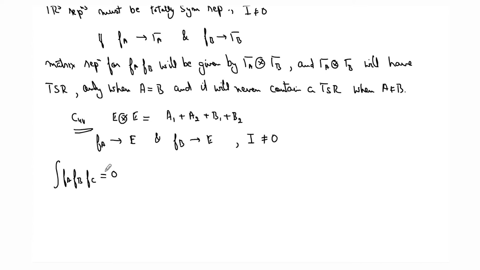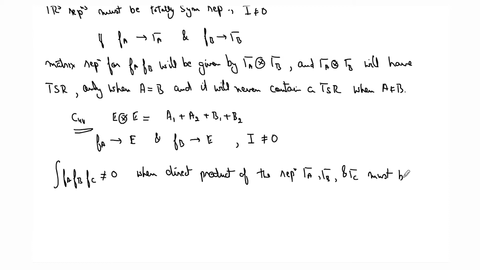So this will not be equal to 0 when the direct product of the representations tau A, tau B and tau C, assuming that FA corresponds to tau A, FB corresponds to tau B and FC corresponds to tau C, must be or contain the totally symmetric representation, right?